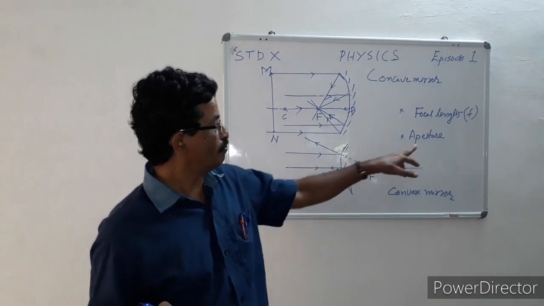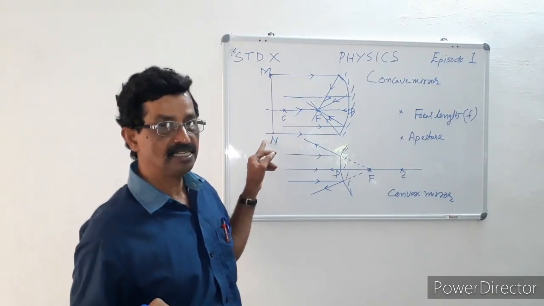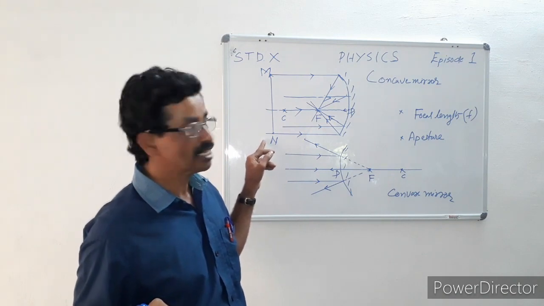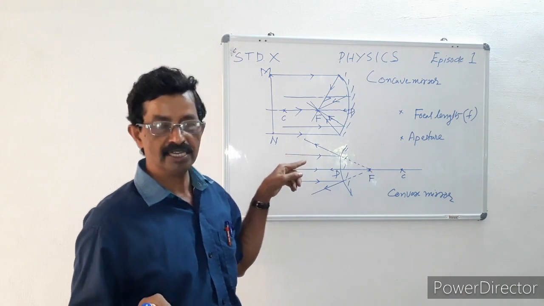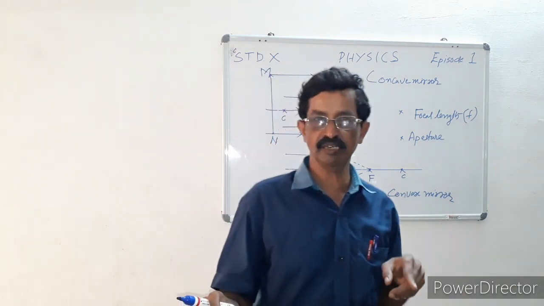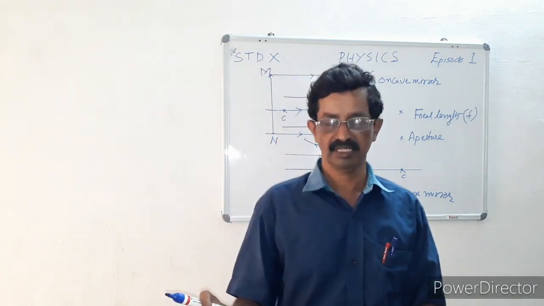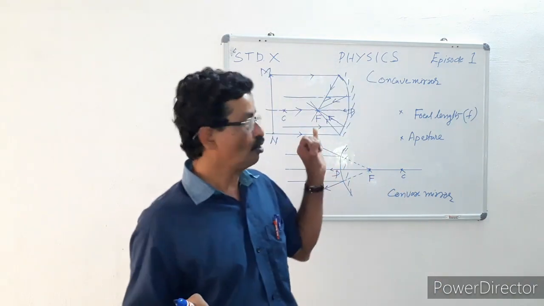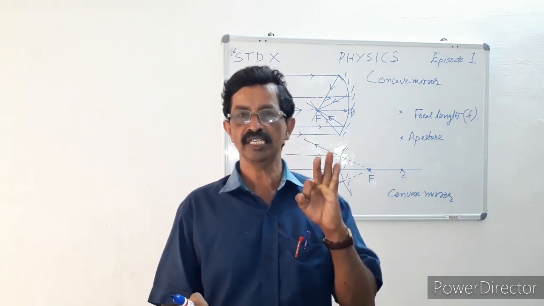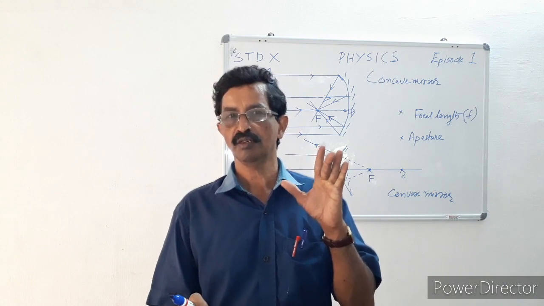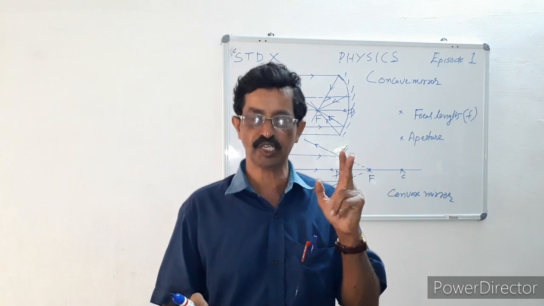In this figure, MN represents the diameter of this reflecting surface. Now the terms we discussed about a spherical mirror are pole, center of curvature, principal axis, radius of curvature, principal focus, focal length and aperture.